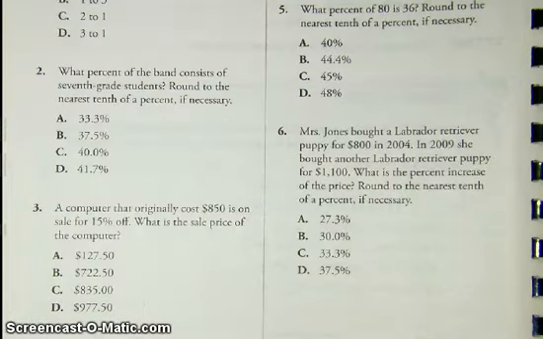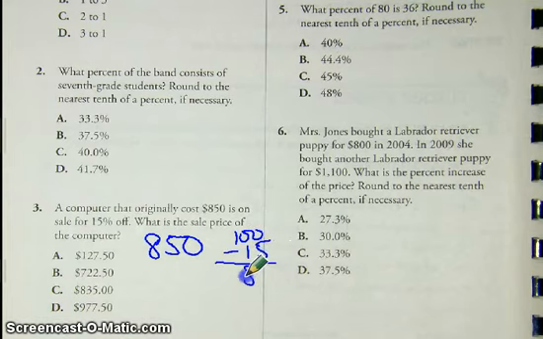So for question 3, a computer that originally cost $850 is on sale for 15% off. What is the sale price of the computer? So $850, and if that is representing the 100%, and we're getting 15% off, that means I'm actually going to pay for 85% of that thing.